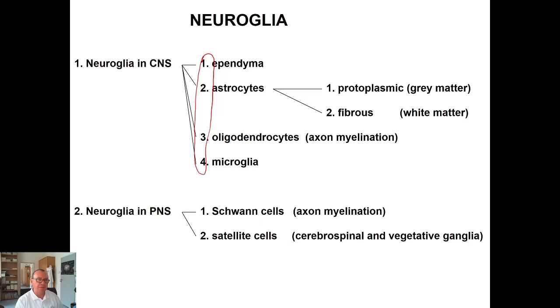Peripheral nervous system contains only 2 types of cells: Schwann cells and satellite cells. Schwann cells are responsible for axon myelination in the PNS, and satellite cells accompany neuronal bodies in ganglia.